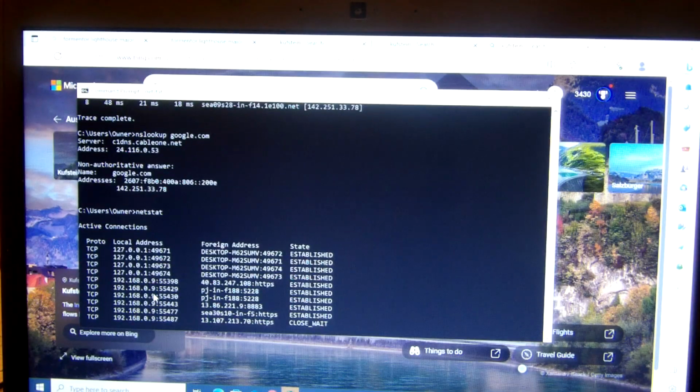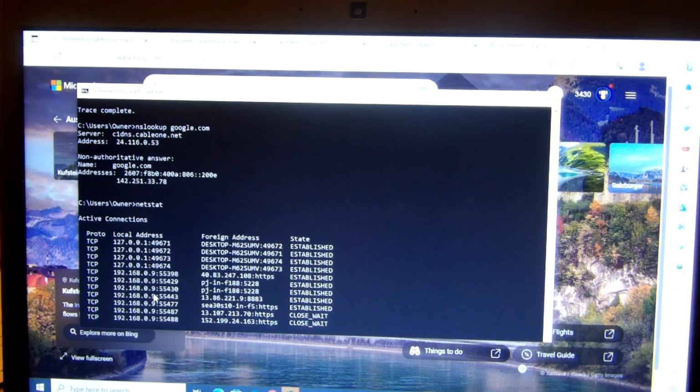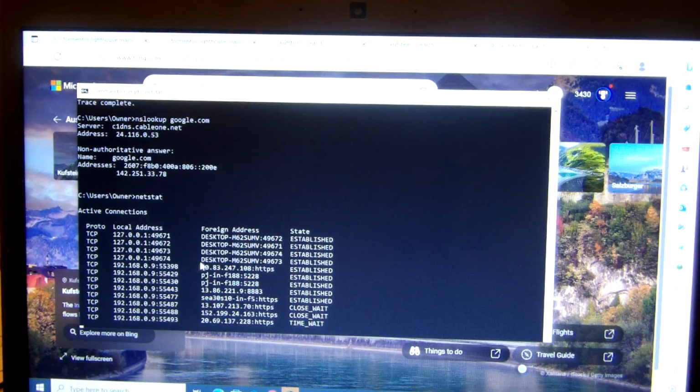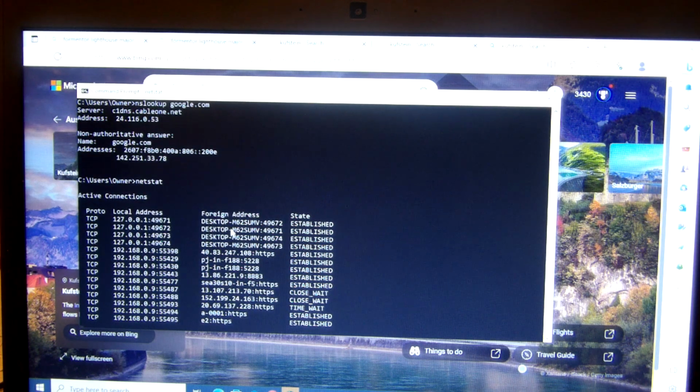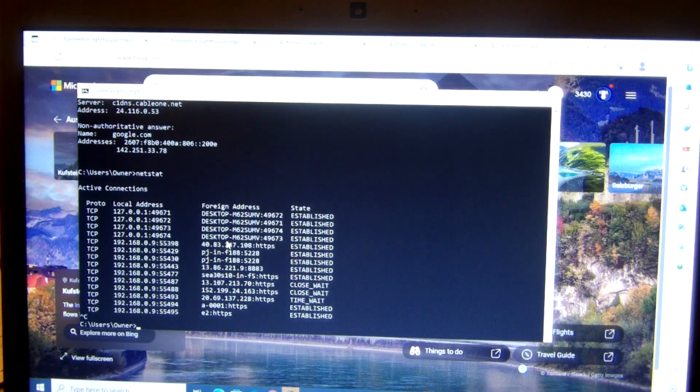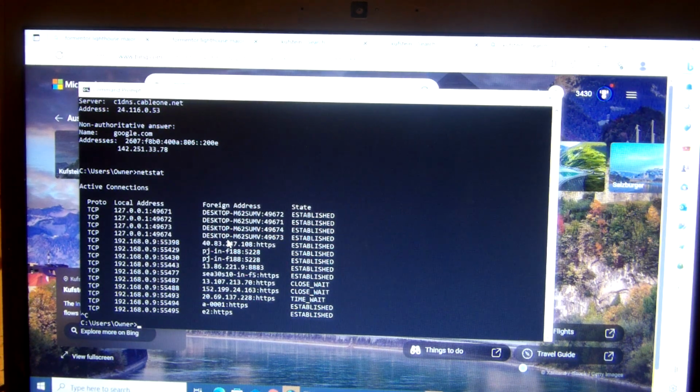It's the TCP protocol. This is my desktop. Okay, Control C. So these are the important points that you should know.